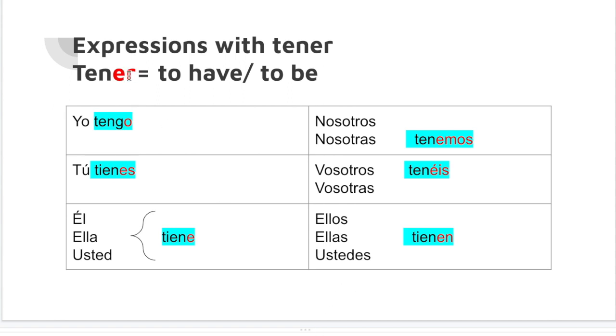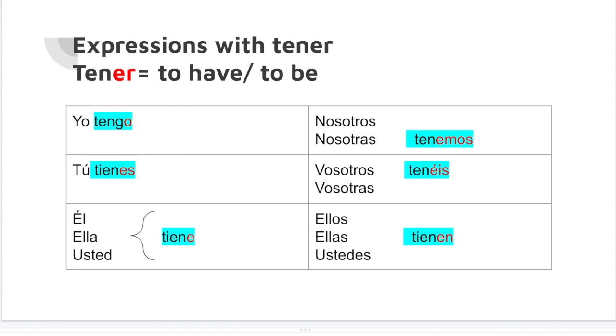And the endings of ER, O, es, e, emos, éis, en. Don't worry, we're going to practice with this later on. I have, you have, he has, she has, usted tiene, you have, nosotros, we have, vosotros, vosotras, you all have, only in Spain, they have, ellas tienen, they female have, ustedes tienen, you all have.